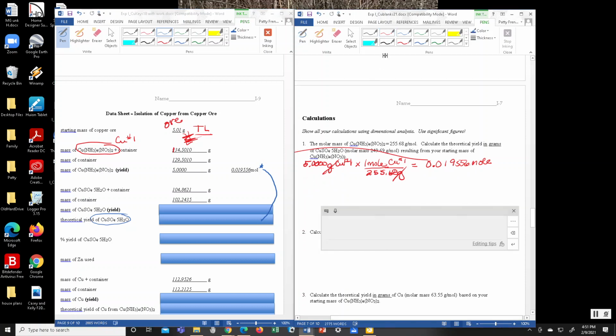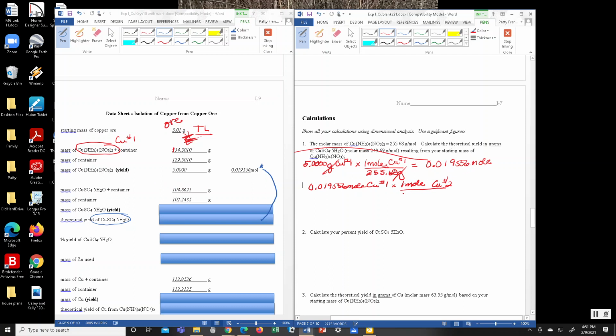So 0.019556 moles of copper number 1 times 1 mole of, let's call this one copper sulfate pentahydrate, copper number 2, per 1 mole of copper number 1 again.